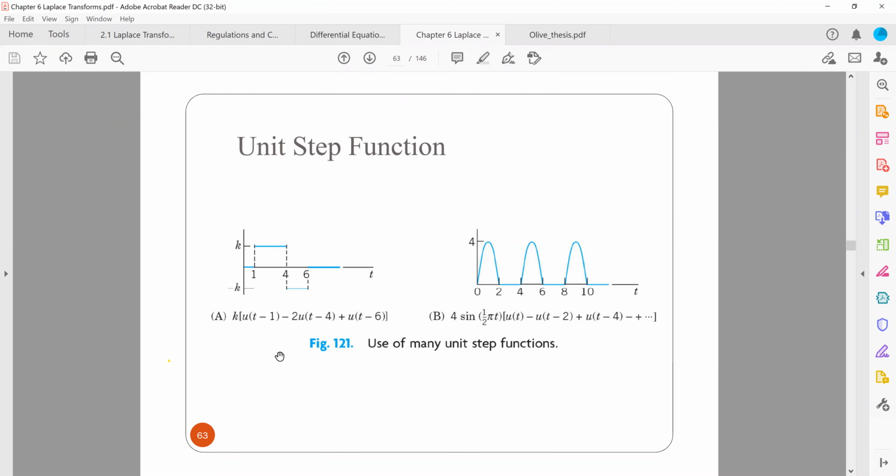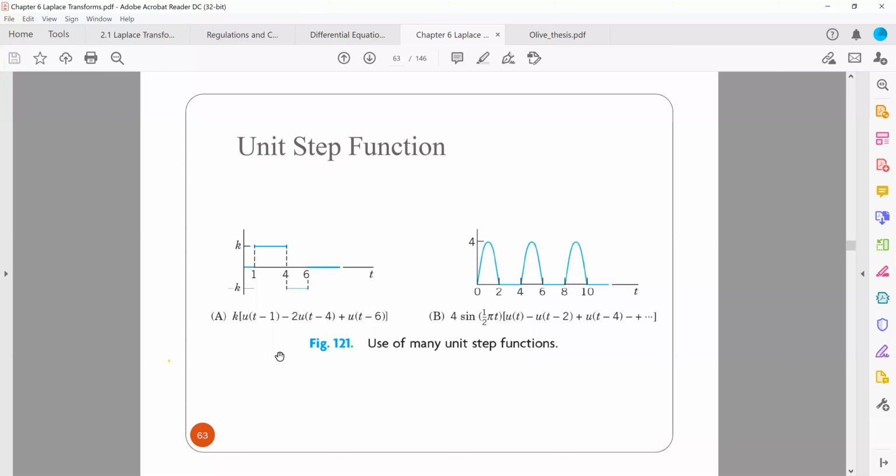Remember, it has an amplitude of 4, so it's 4 times. So that's why the amplitude. But then at time t, we subtract ut minus 2. So that's why at t minus 2 it's going to go to 0, because you're going to have 1 minus 1.